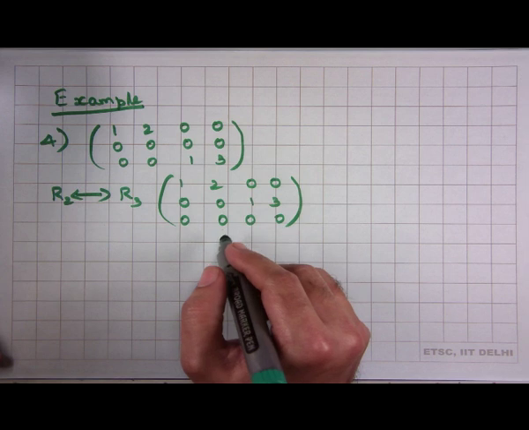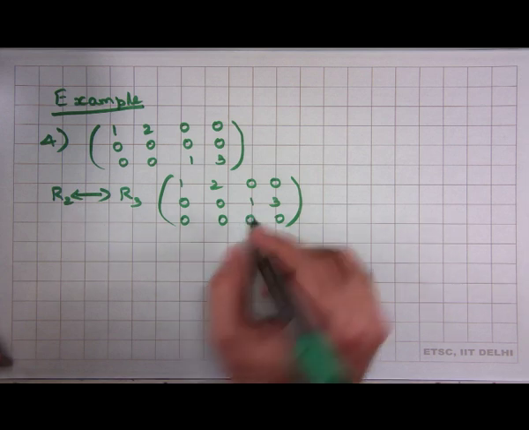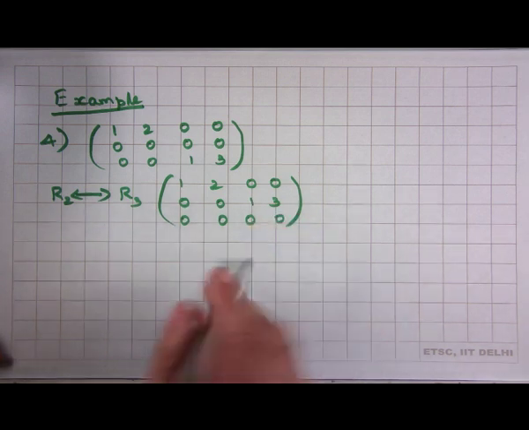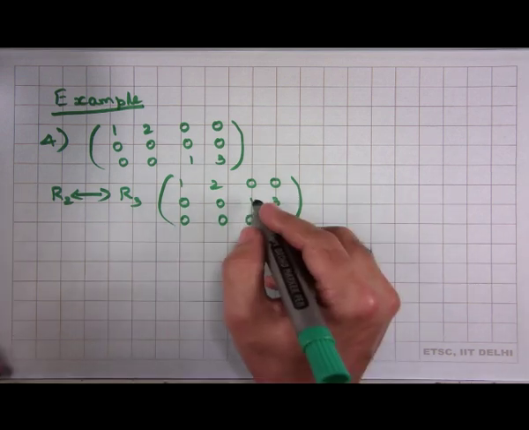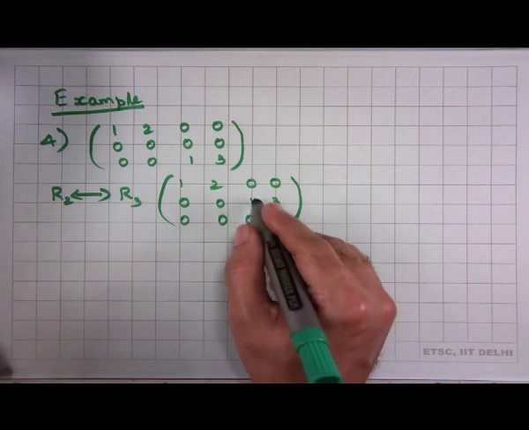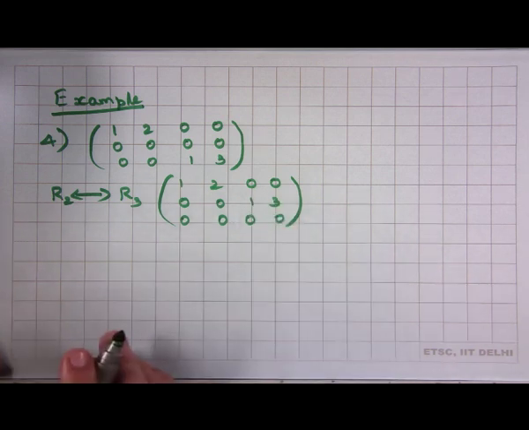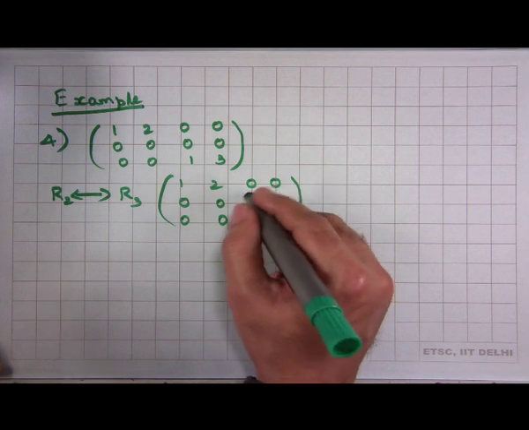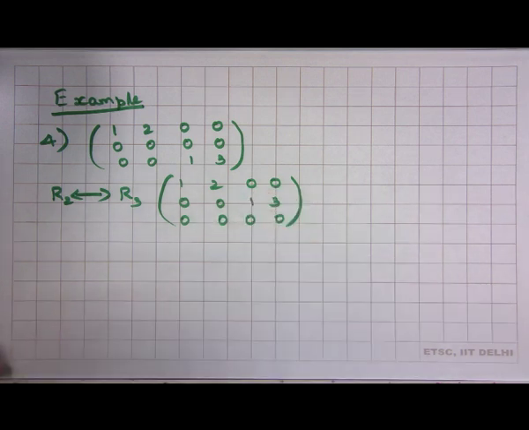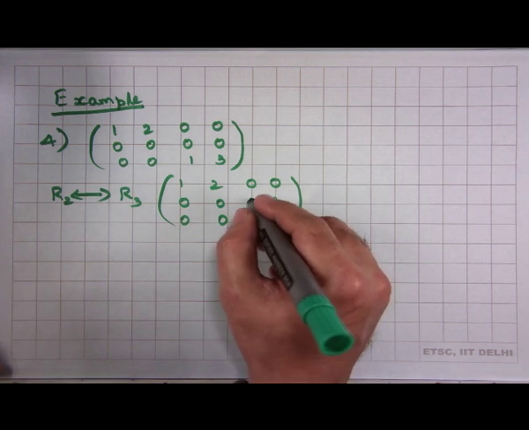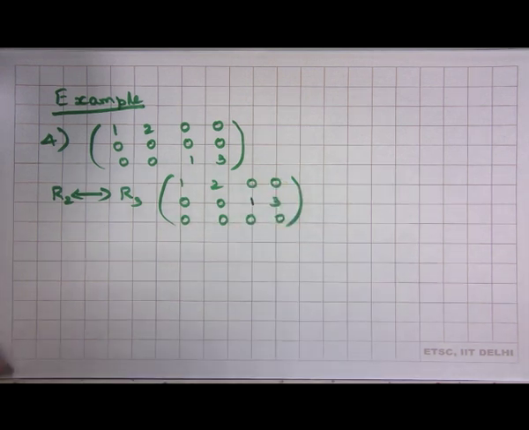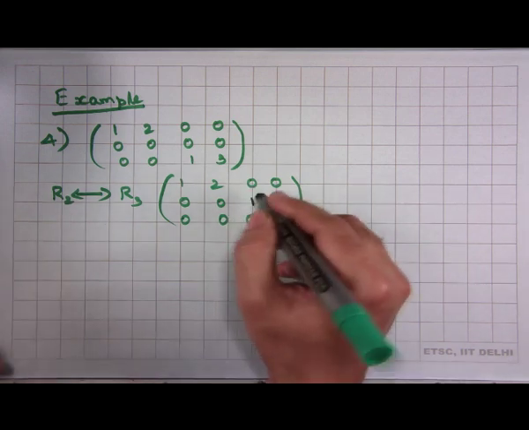Now, the first non-zero column appears here, which is 1 and 0, and the first entry is itself 1, and the other entries in that column are 0.